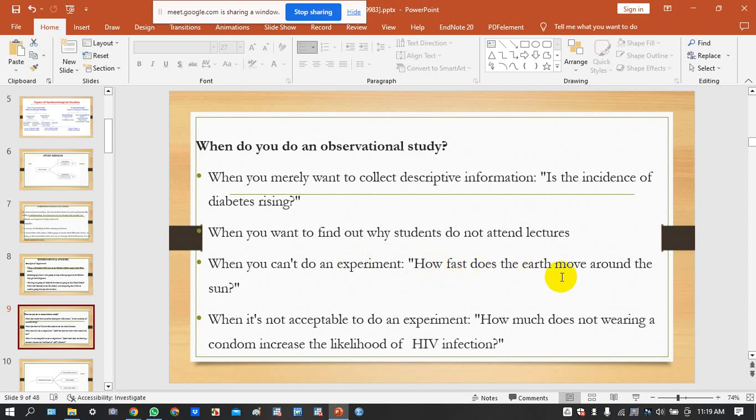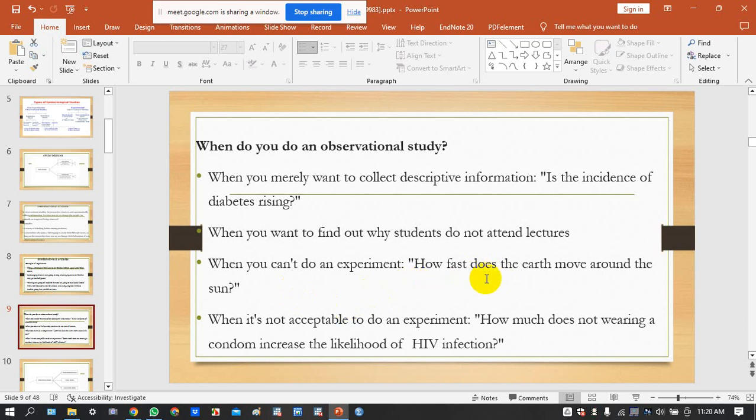How fast does the earth move around the sun? For instance, if astronomers want to find out how fast the earth moves around the sun, you can't do an experimental study. It's not possible.